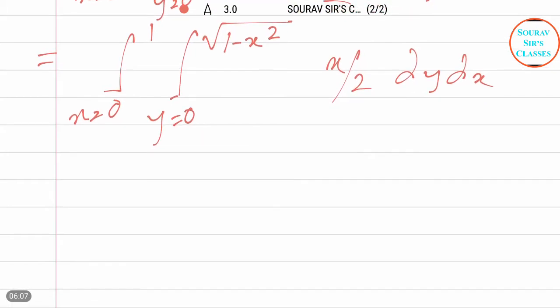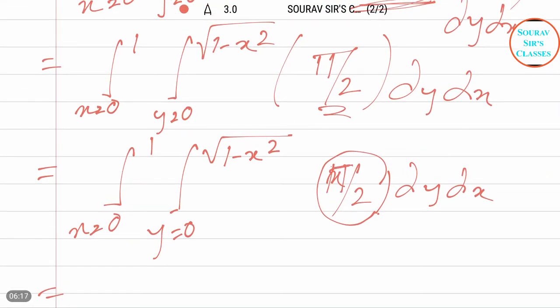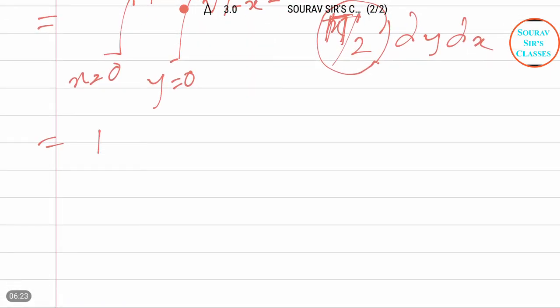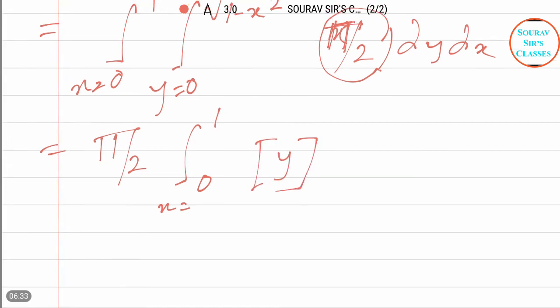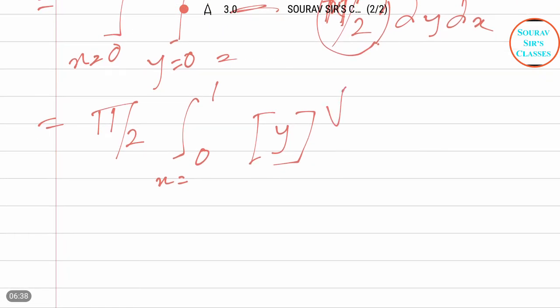Now from this we can write it again: we are taking this pi by 2 as a constant, so we are taking it out of the integration. So pi by 2 integration x equals 0 to 1, and y, and we are putting the values of the limits here. So this is root over 1 minus x square and here is 0, this is dx.